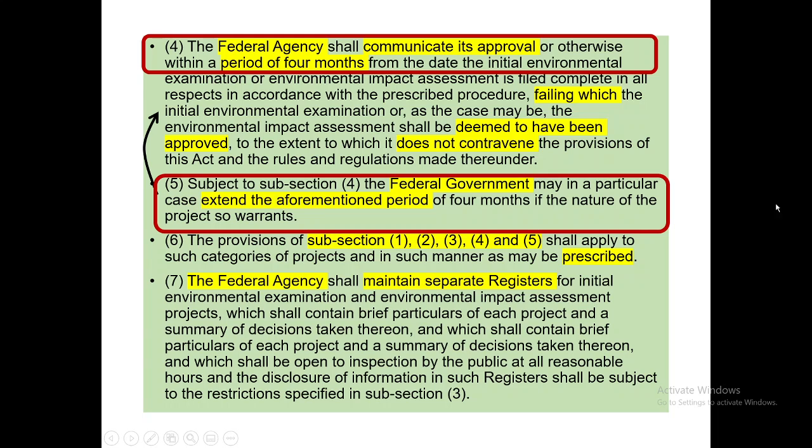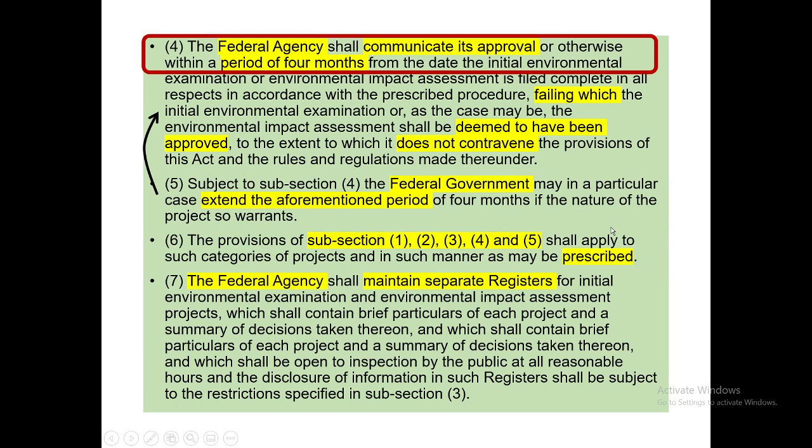But again, we can see there is a limitation: approved to the extent to which it does not contravene the provisions of this act. So again, the scope is the act. Within this act, we are supposed to perform all the activities. If it is contravening the act, then it will not be approved.